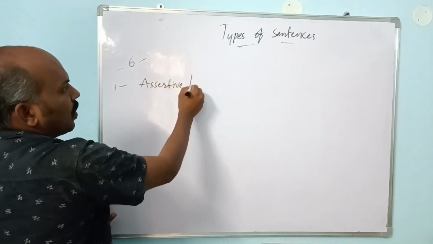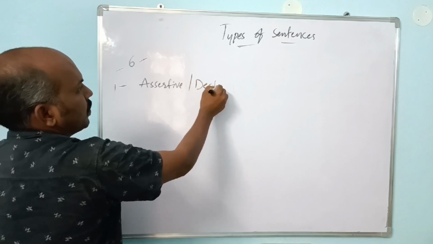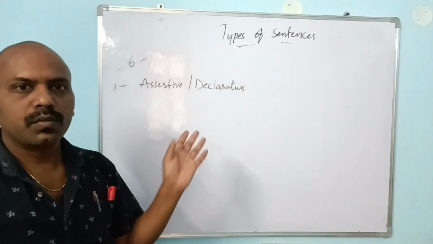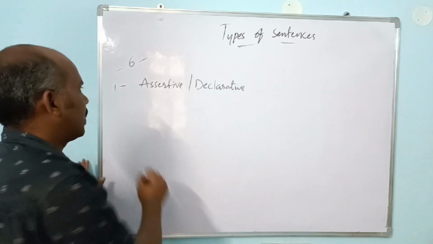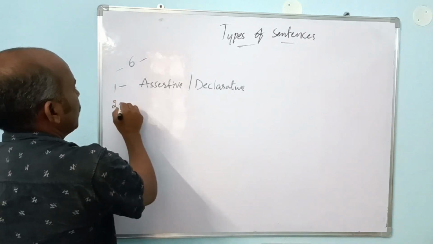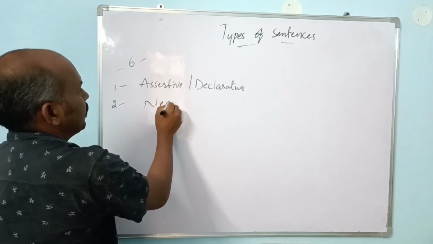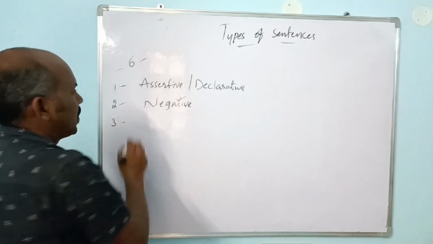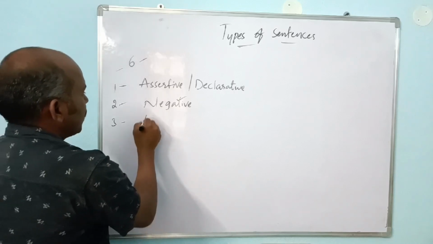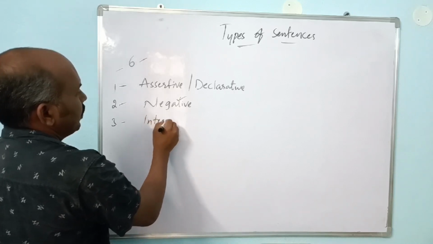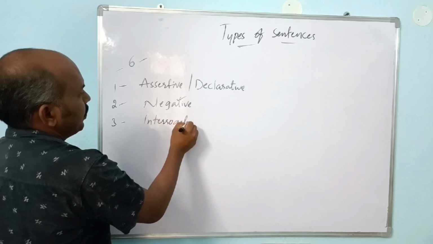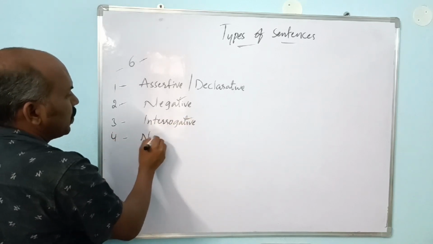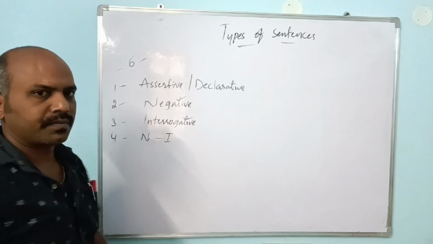and also we call declarative sentences. Assertive or declarative sentences. And number 2 called negative. And number 3 called interrogative. And number 4 negative and interrogative.